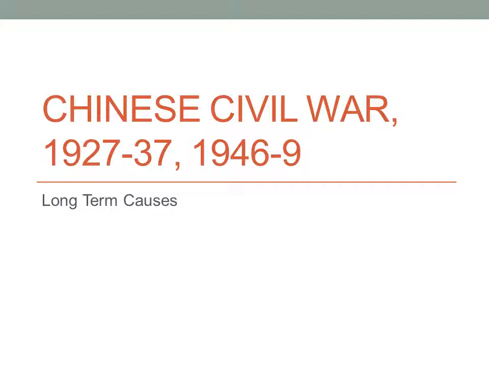There was a pause in 1937 when Japan invaded China in the Second Sino-Japanese War. This is also the beginning of World War II in Asia, 1937. And at that time, the communists and the nationalists called a ceasefire on the Civil War in order to deal with the larger problem of Japan and World War II.